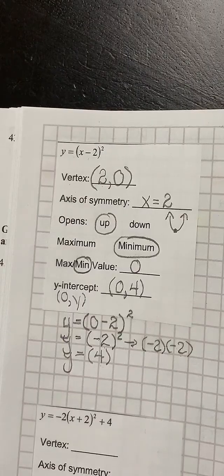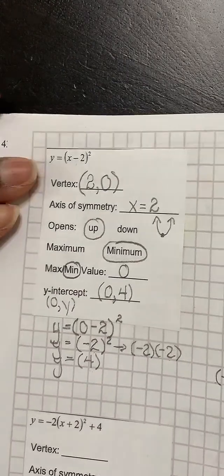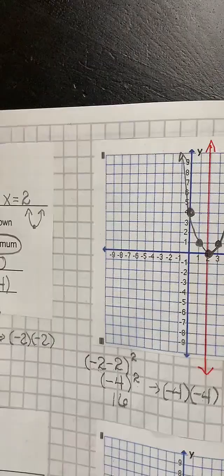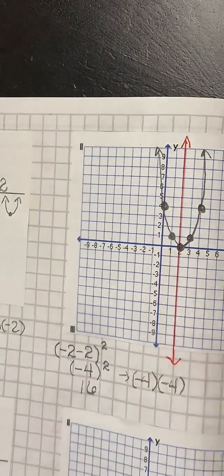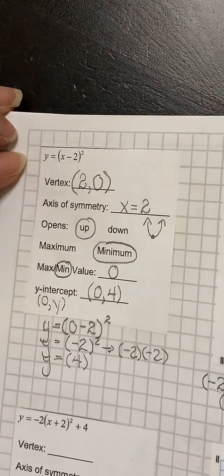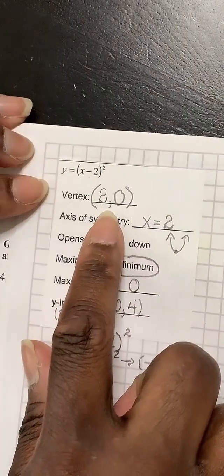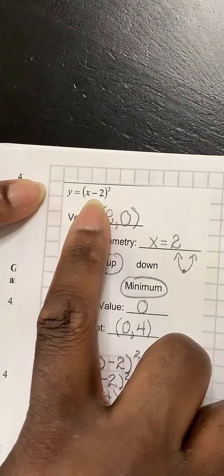I'm confused about the first step you said. Can you repeat it? The first step for finding the vertex or the first step of graphing the vertex? Nicole, which one? Okay, so finding the vertex. You always start inside the parenthesis.